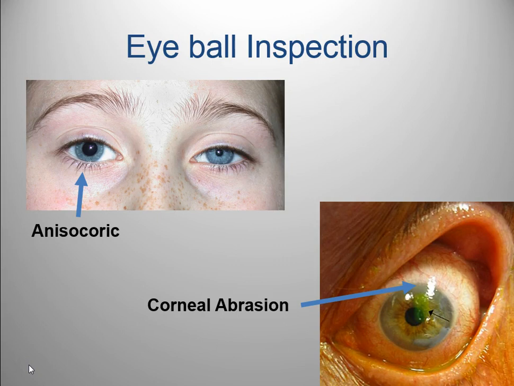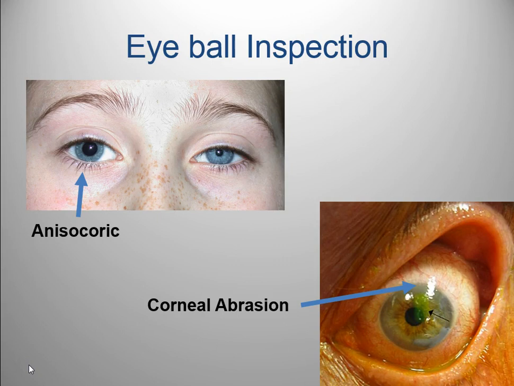If you have a corneal abrasion, if you look at the bottom picture, you can kind of see where the top of the eyeball is not as clear on the upper right side, probably between 12 and 1 o'clock, and that would be a corneal abrasion. And a patient with corneal abrasion will present with itchiness in the eye, feel like they have sandpaper in there.